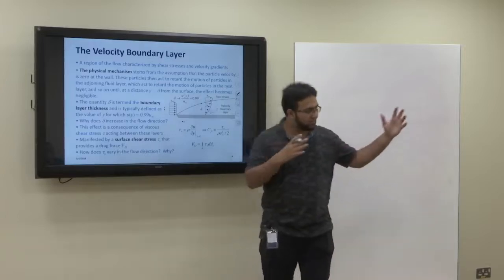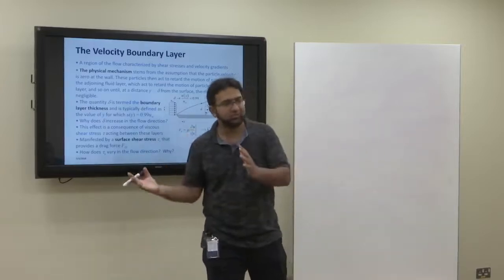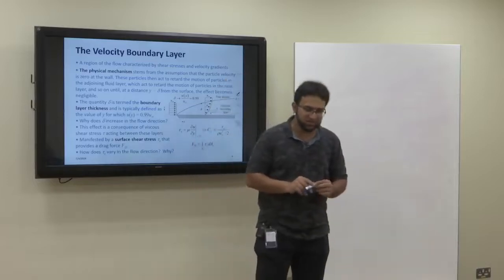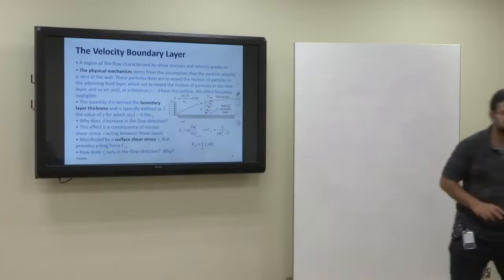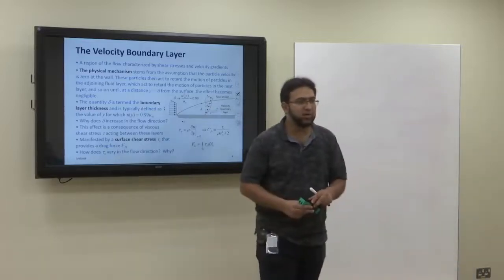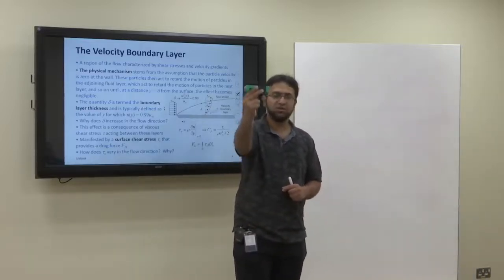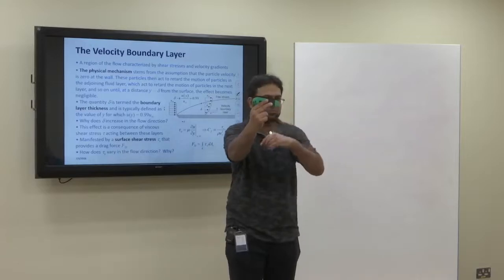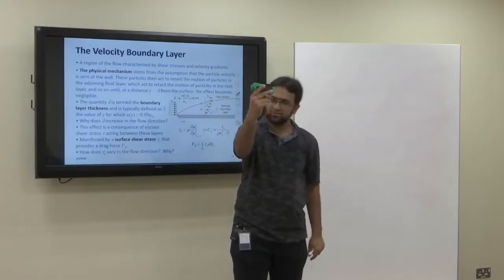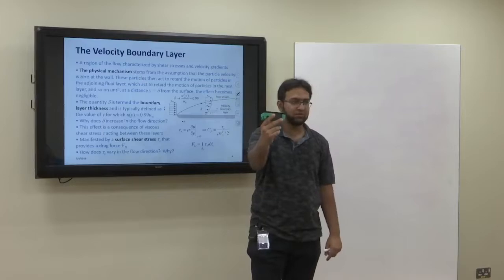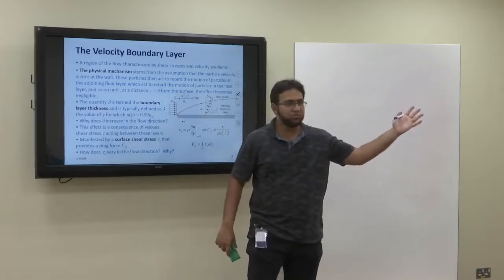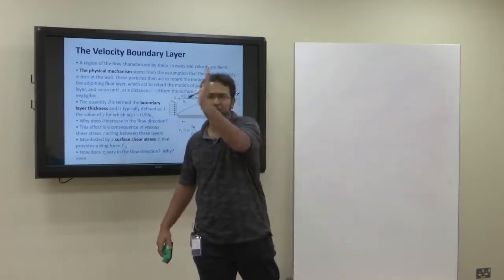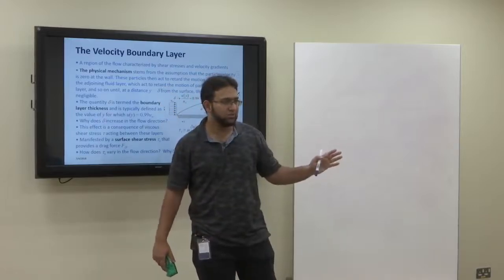Now, we have air flowing at a uniform velocity, and let's say I have a plate, and I place this plate in the air. Now the plate is stationary. Previously, when there was no plate, it was a uniform velocity, the same velocity at all points.